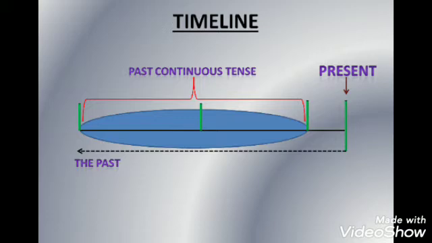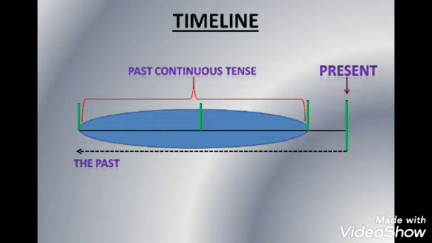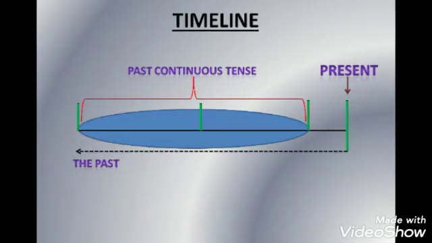Through this diagram, we can learn that the action started and ended in the past itself, but continued for some time in the past. Through the timeline, we get the definition of past continuous tense.